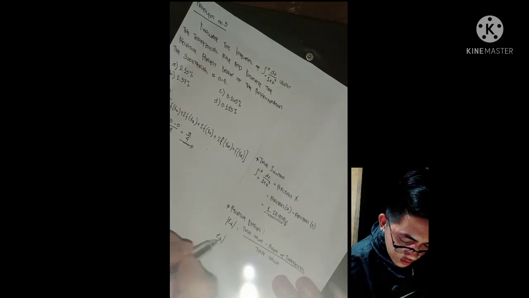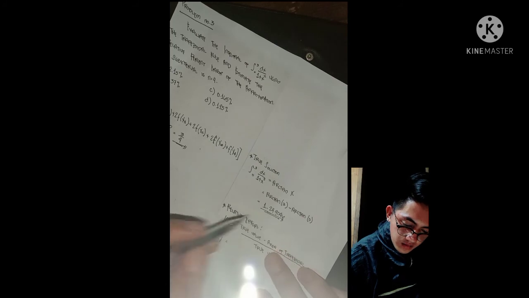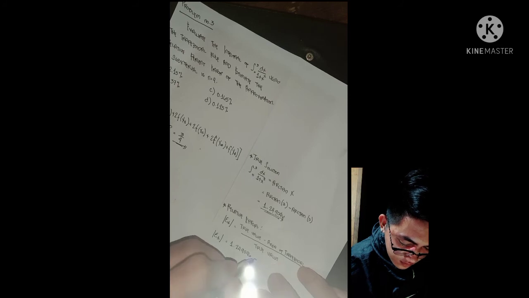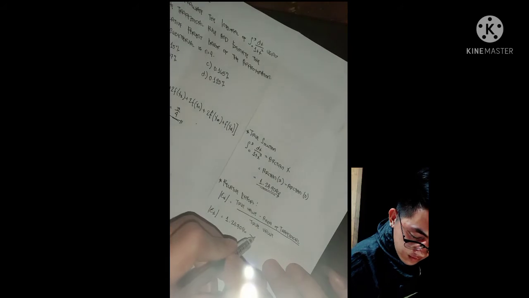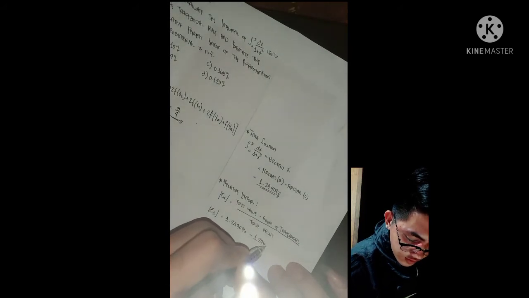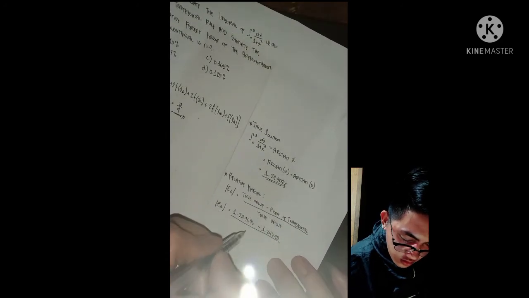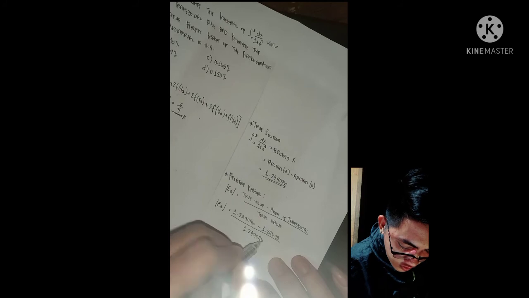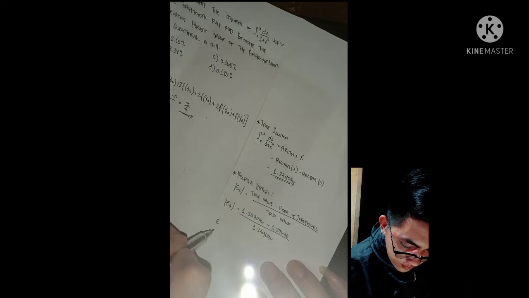So our relative error is equal to our true value, 1.249046, minus the area of trapezoidal, which is 1.24698, all over the true value of 1.249046.